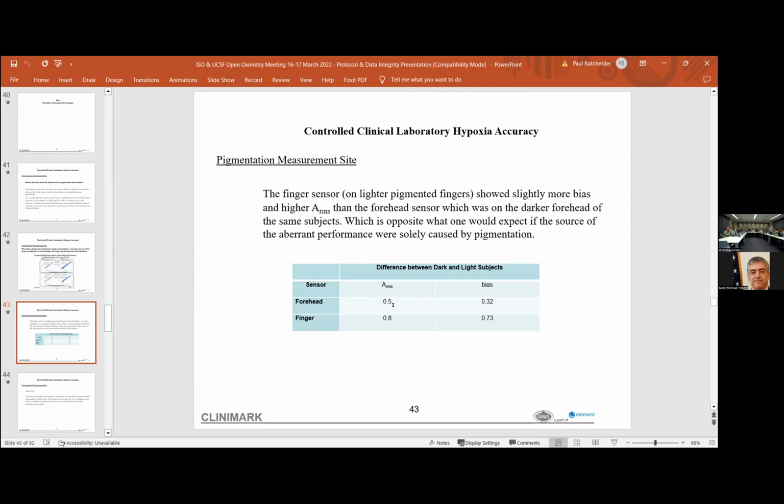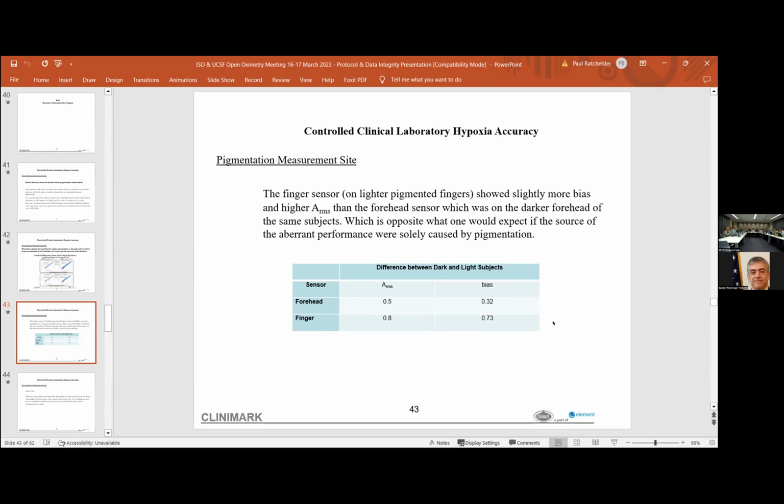The ARMS for forehead, the difference was 0.5 between the light and the dark. And the difference in the finger sensor was 0.8, while the bias with the forehead was much lower than the finger as well.